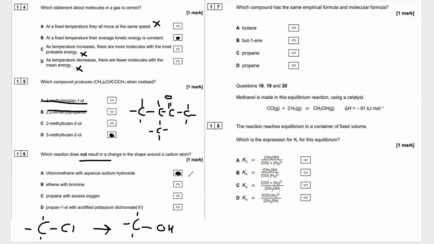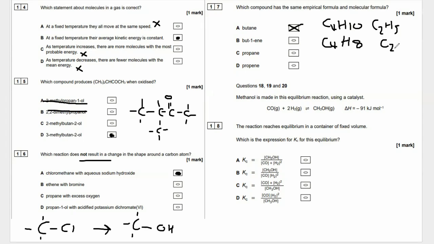Right. Lovely. Which compound has the same empirical and molecular formula? So let's check them out. Can I simplify that? Yes, I can. I can do that to C2H5. So not that one. Butene is going to be C4H8.